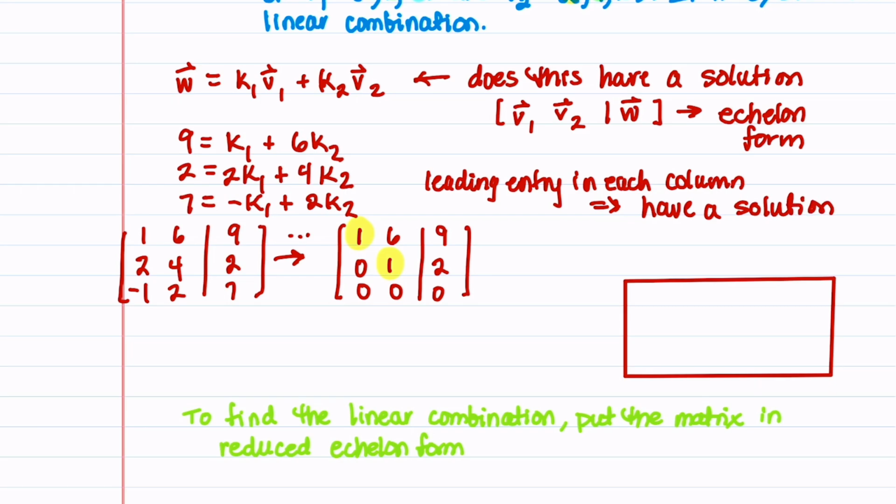So our solution exists, and that tells us that W is a linear combination of V1 and V2.